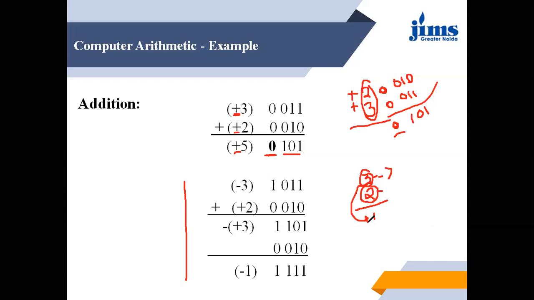It means when we have to take the subtraction of two numbers, first we have to take the twos complement of that number and then add it to the other number. So I will show you that our result is fine or not.